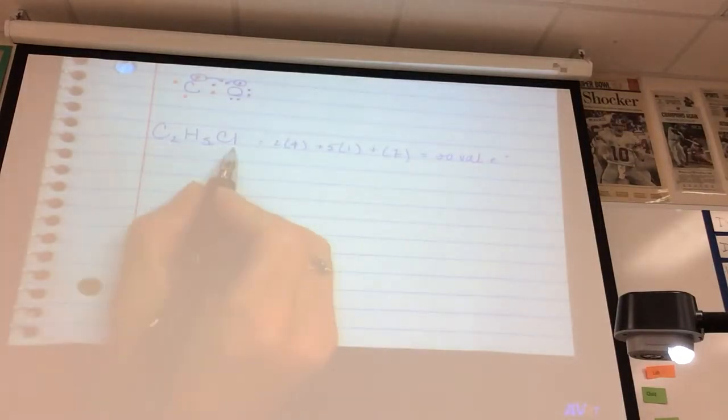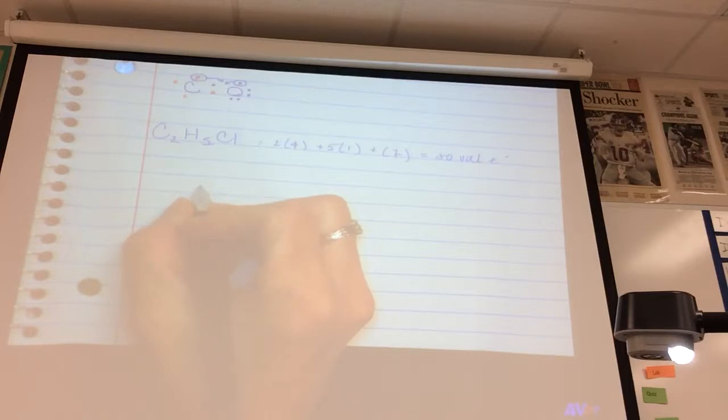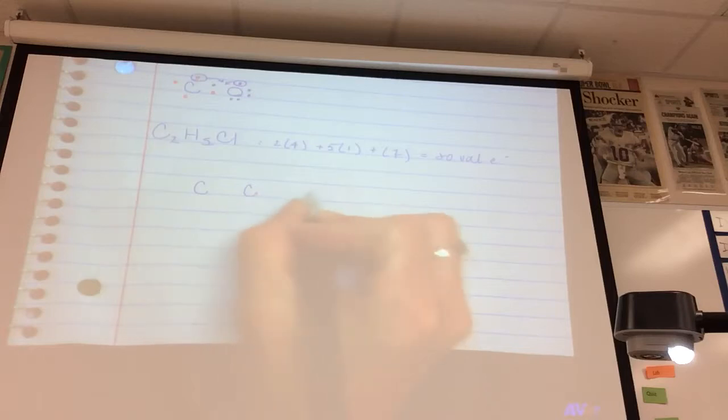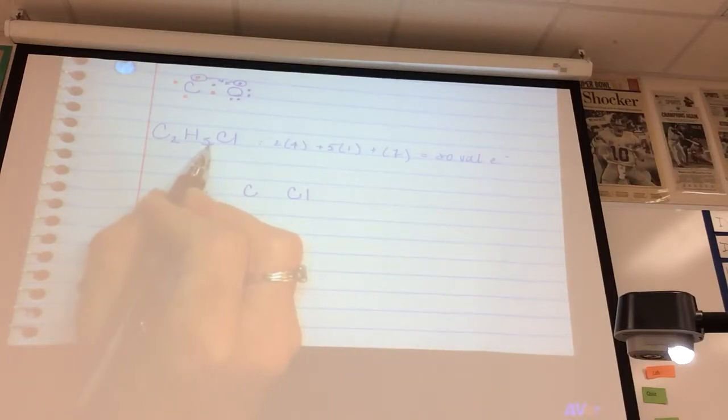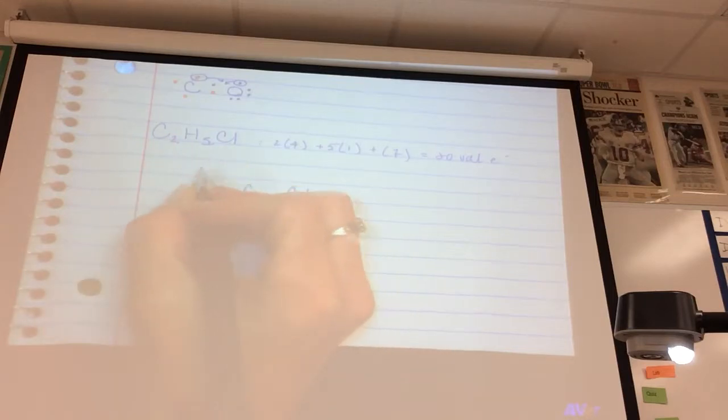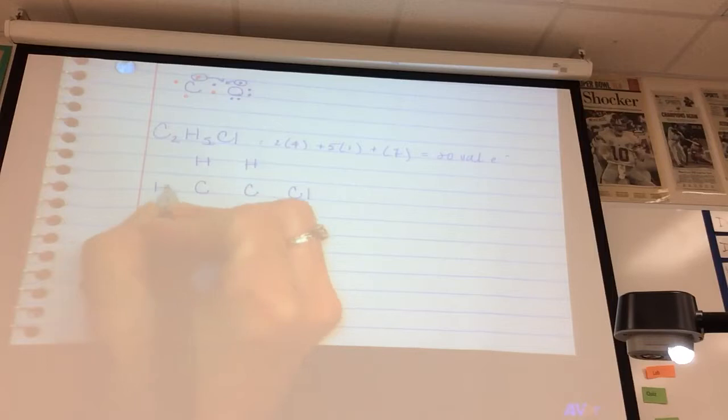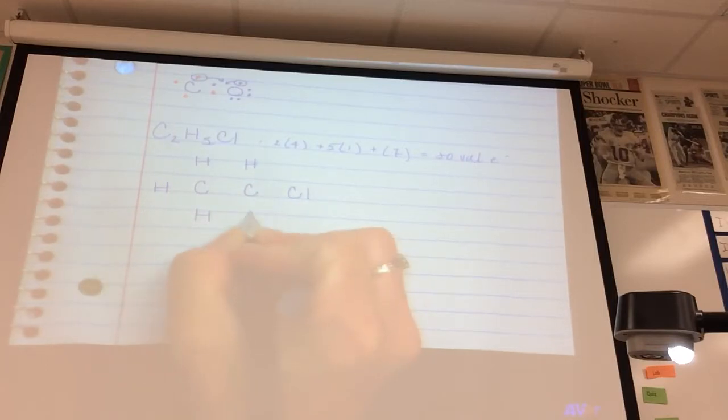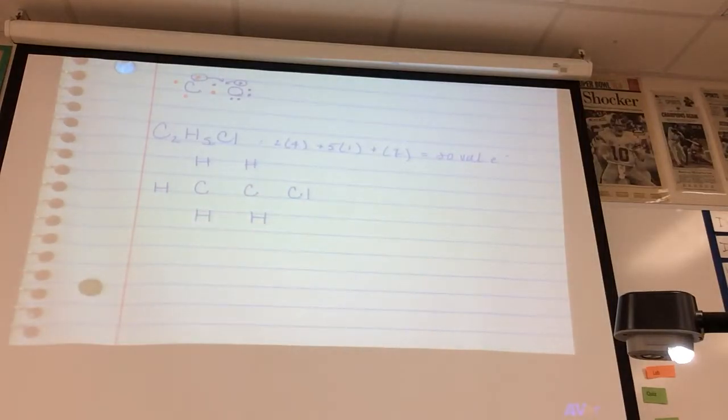Very often the way it's written is how you draw it. You know H has to be terminal, so don't put that down yet. You've got 2 C's and a Cl, and it looks like we have 5 H's on carbons. We've got 1, 2, 3, 4, 5 positions.